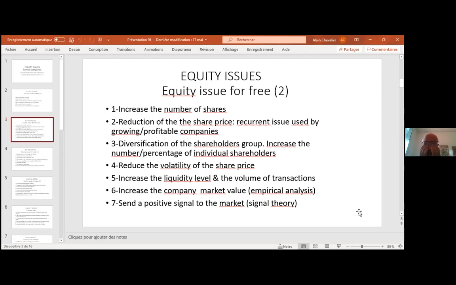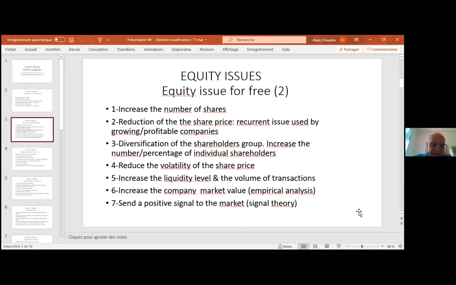Now, we can introduce what we call the signal theory. Each time you make a decision on your share, on the value of your company, on the diversification of a shareholder group, on the liquidity level, on the volatility level, you send a signal. You communicate with the shareholders, you communicate with the market.